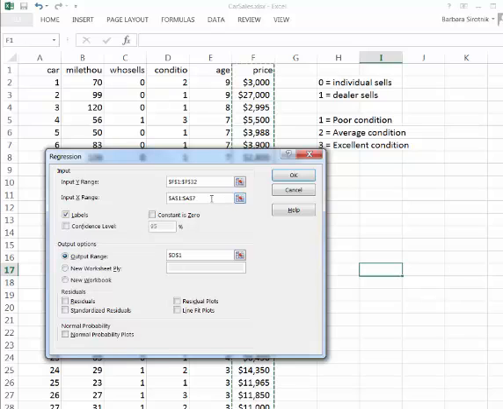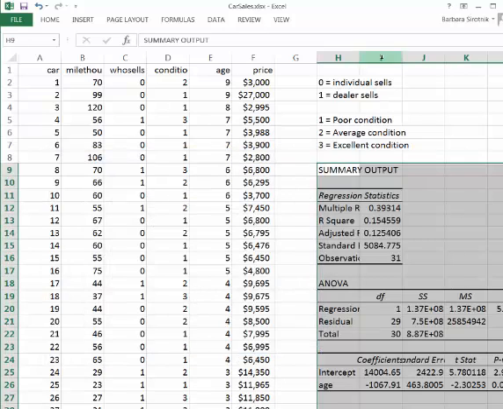What is my X range? Well, if I'm only looking at age, then what I'm going to be typing in or highlighting is E1 up to E32. I do want to have my labels here. My output range, let's change that and put everything right here and click on OK.